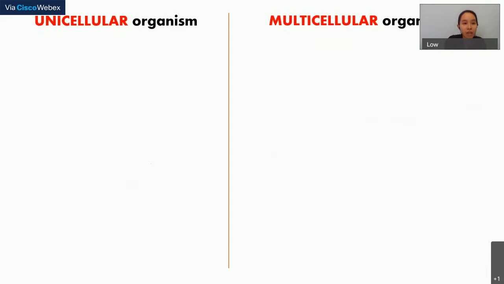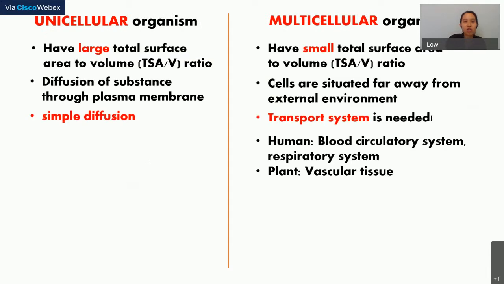Unicellular organisms have a large total surface area to volume ratio, and the distance between the source of the substance and the body cells is shorter, so they can carry out simple diffusion.